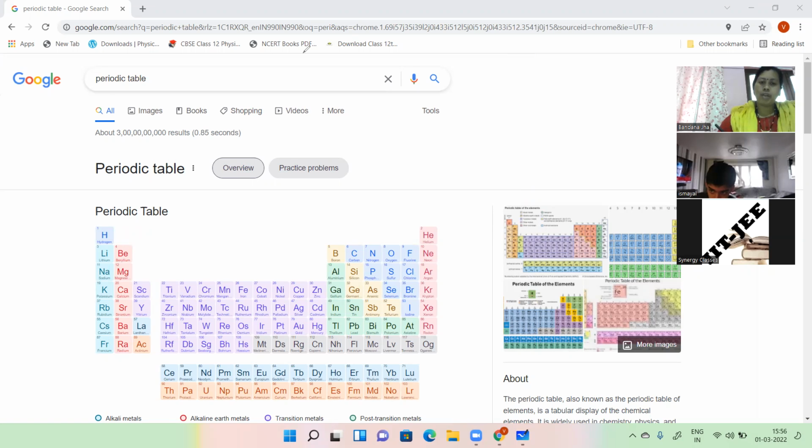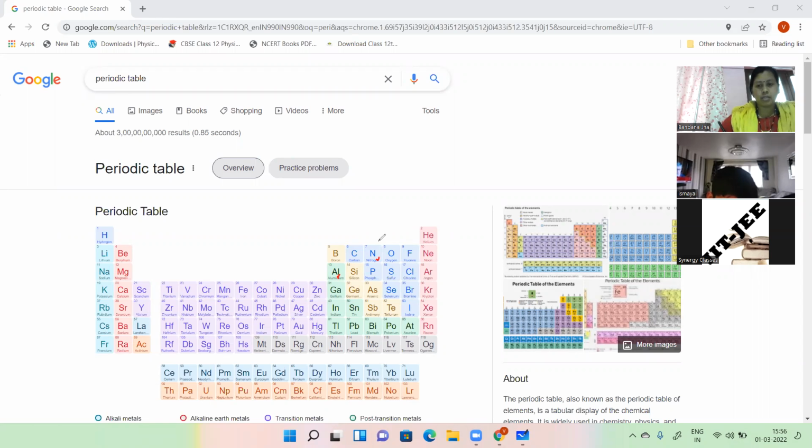What will happen if I combine Al and N? Suppose I have combined this. Is it possible to combine aluminium with nitrogen? How?